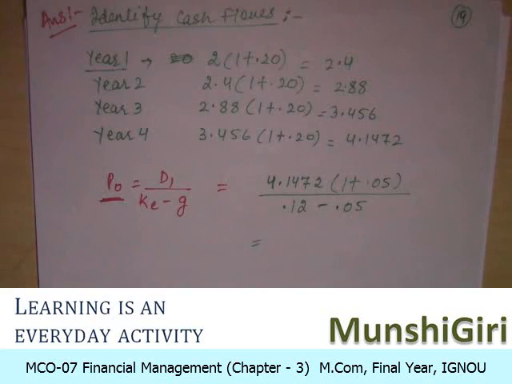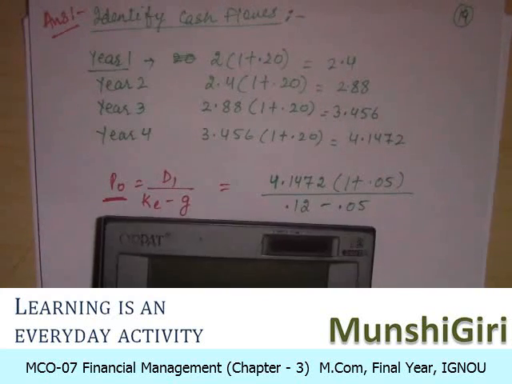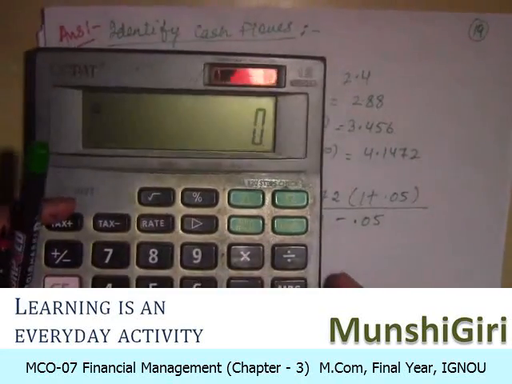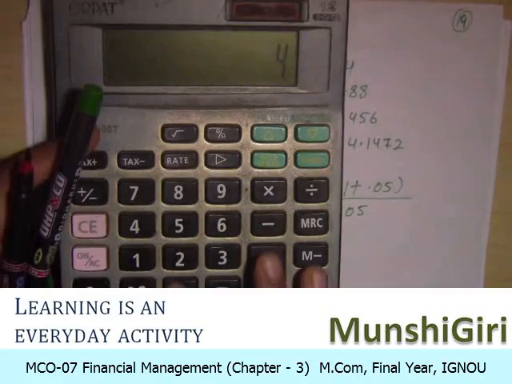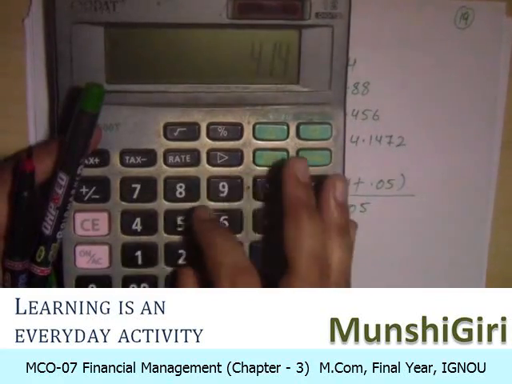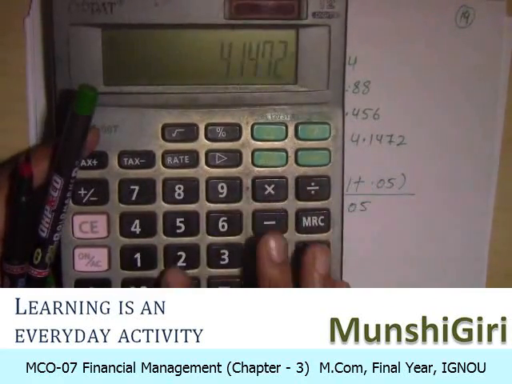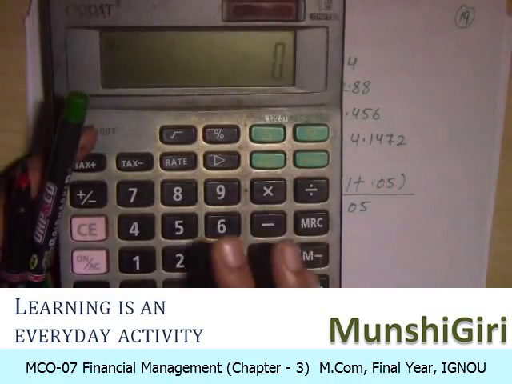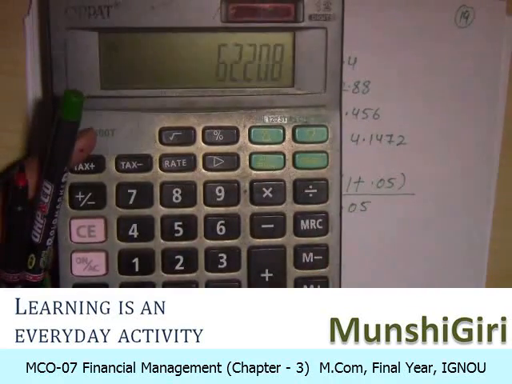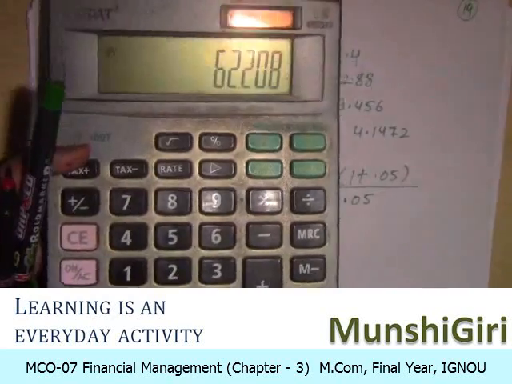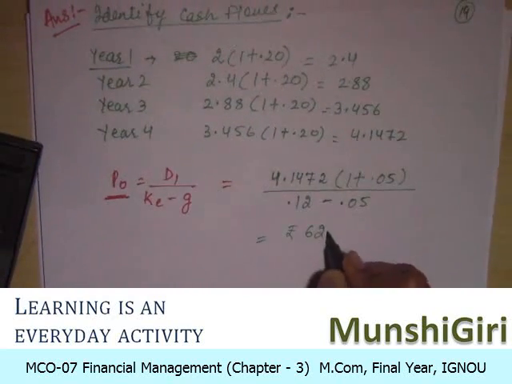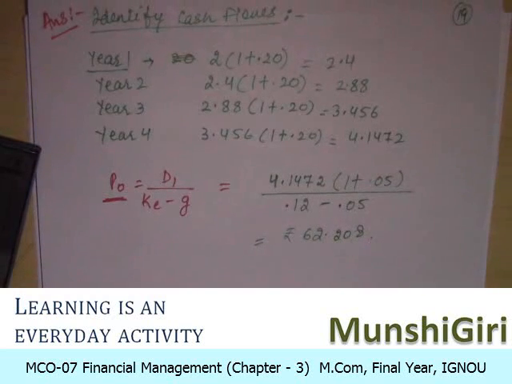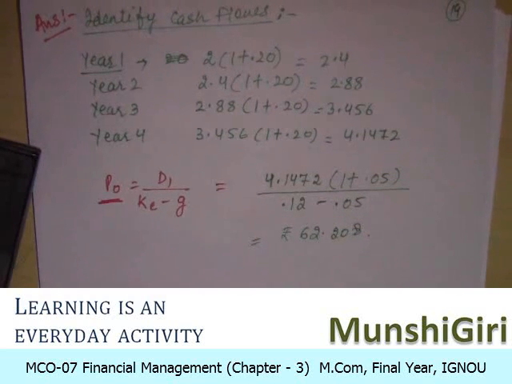Let's calculate this. This is 4.1472 into 1.05 divided by 0.07, which is 62.208 rupees.